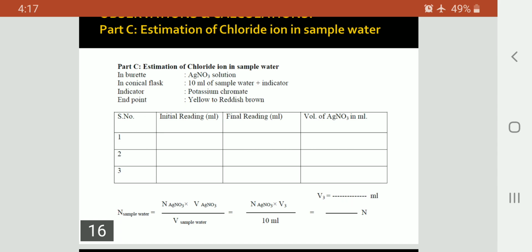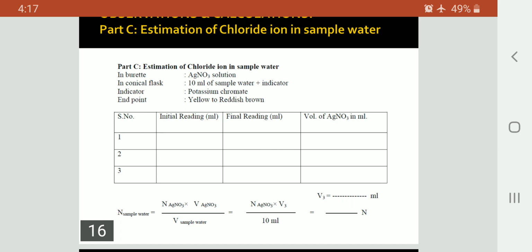So always remember that taking the average of the readings is not the right practice. The right practice is that you should get a concordant value, and you have to master that. When students are able to perform the titrations, only then do they learn how to go for the titration, and how, if they do it precisely, they get the concordant value.